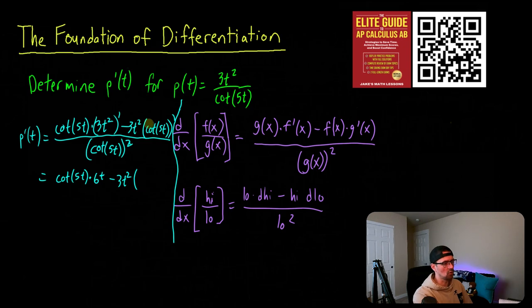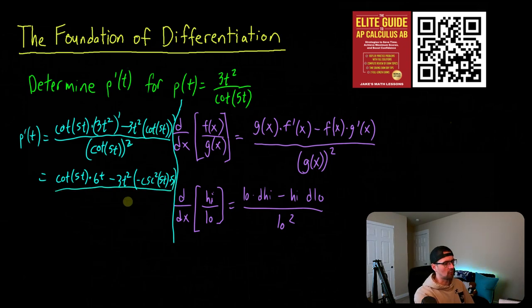So this whole derivative of cotangent of 5t is going to be negative cosecant squared of 5t times the derivative of 5t. Derivative of the outside, leave the inside alone, times the derivative of the inside, which gives us 5. The derivative of 5t is just 5. So that'll be the derivative of cotangent of 5t.